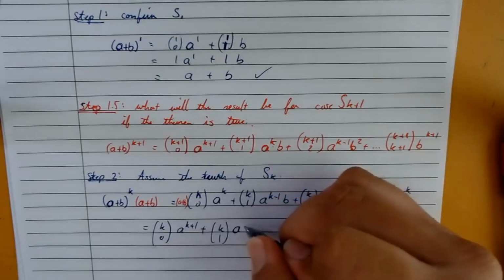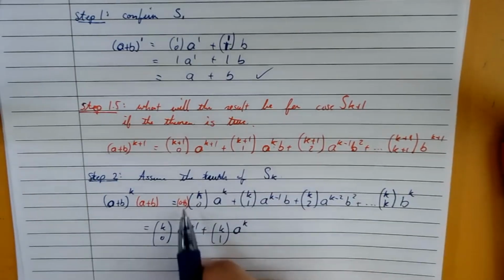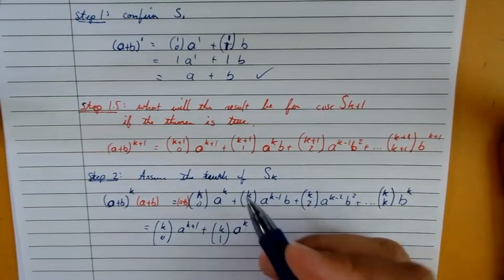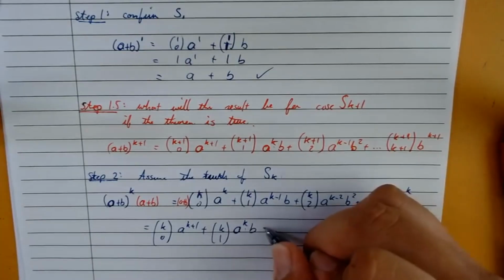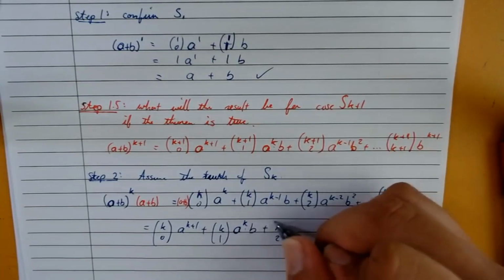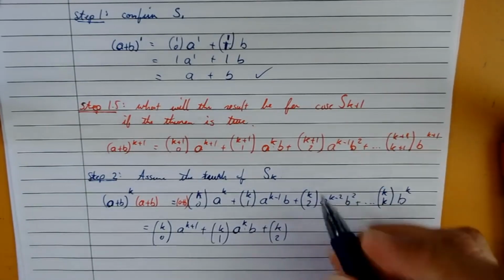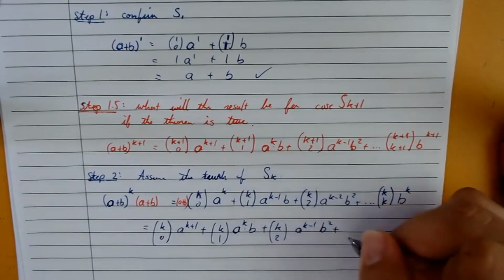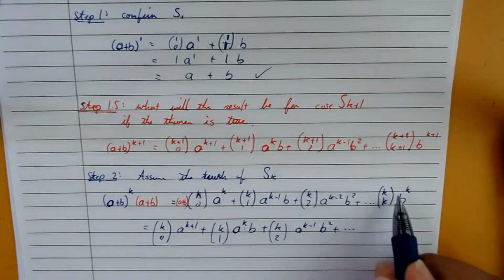And that's going to be a to the power k. Because again, you're multiplying by a, so the power of this one goes up by 1, from k minus 1 up to k. And the b is not affected yet. Plus k choose 2, and again, this one goes up by power of 1, so now that's a to the power k minus 1, b squared, plus dot, dot, dot. And eventually you're going to get down to here, where this last one's just going to get an a.